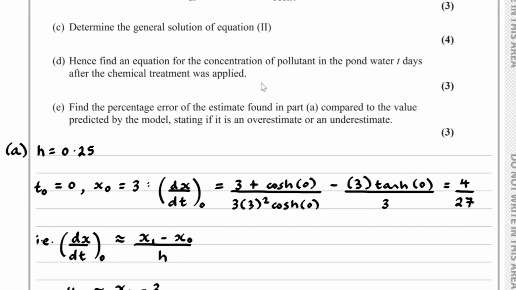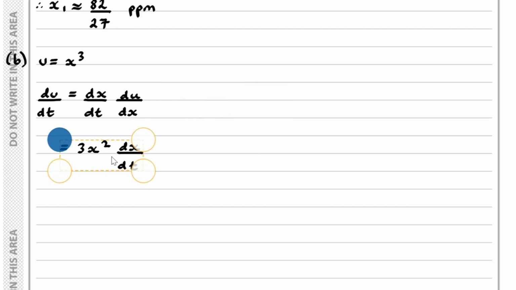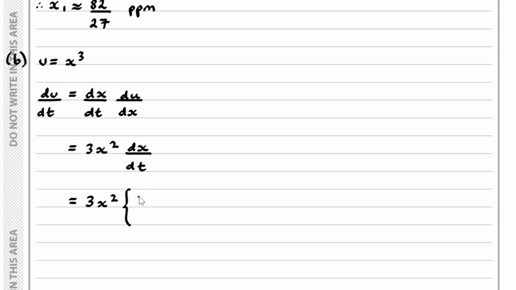That's the result shown here. So, knowing that, what we can now do is replace the dx over dt with 3 plus cosh t over 3x squared cosh t minus x tanh t over 3.